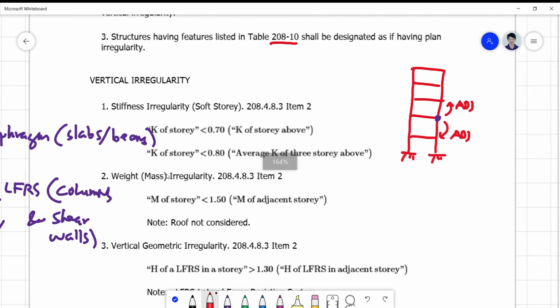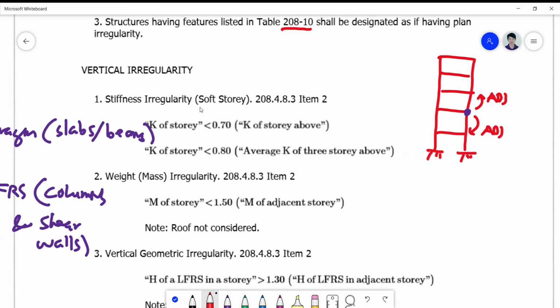Okay, for stiffness irregularity, or what you call soft story, softness and stiffness are the variables related here. So we have to compute for K of the story in question.